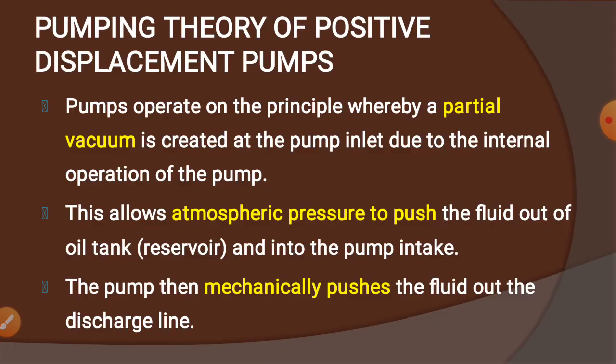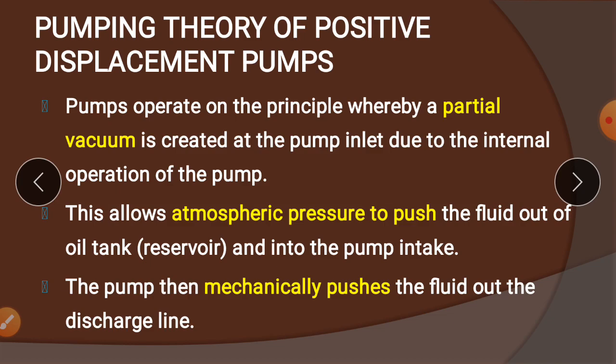Okay, we'll start with the pump theory, the pumping theory of positive displacement pumps. Pumps operate on a principle whereby a partial vacuum is created at the pump inlet due to the internal operation of the pump. So the pumps work with respect to the partial vacuum.